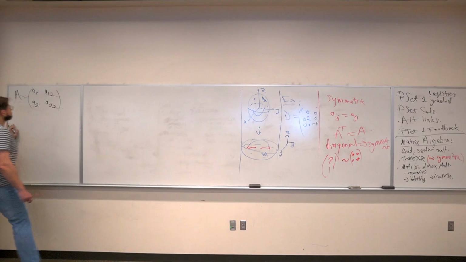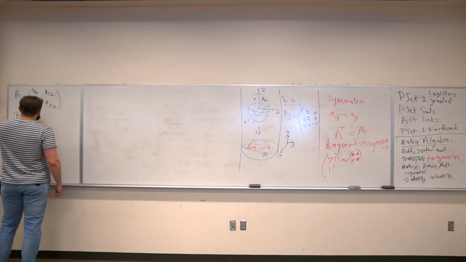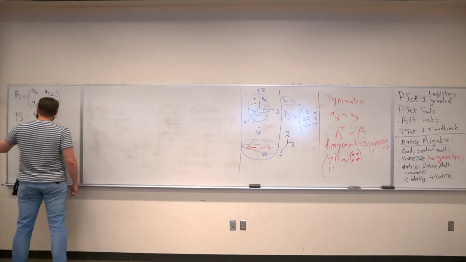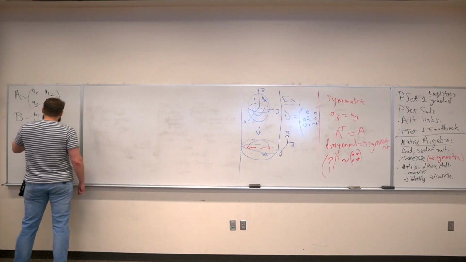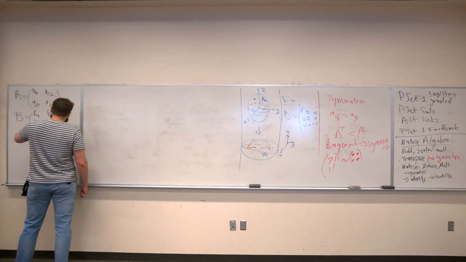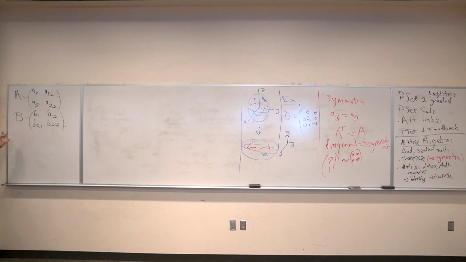This is a 2x2. And then I have another one, B: B11, B12, B21, B22. I can think of these as the coefficients coming from systems of equations on the one hand, or I can think of them as transformations. These are two different compatible interpretations of what these are.